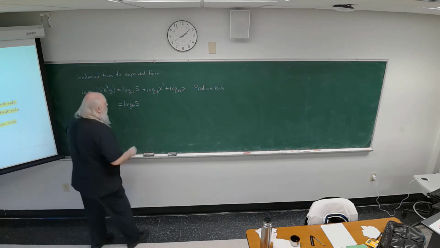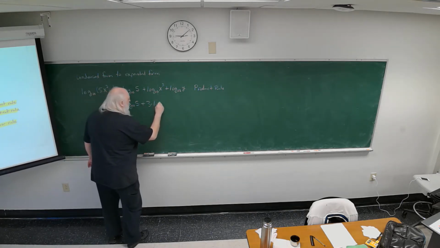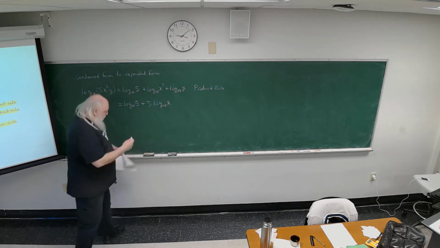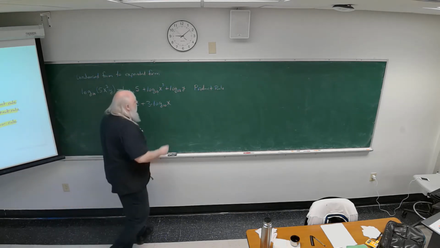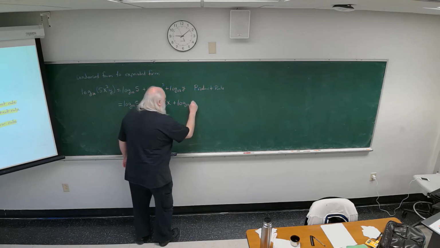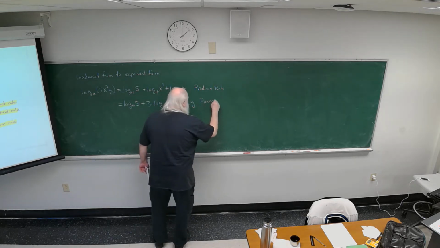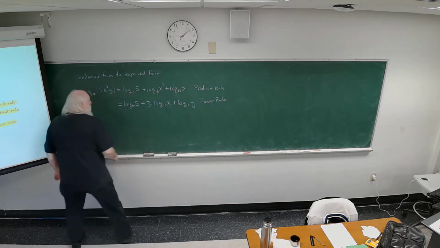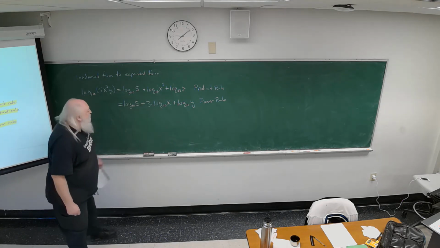So the second term can be written as 3 times log base 10 of x, and then we can't do anything with the third term. So by the power rule, we were able to expand this second term some more.